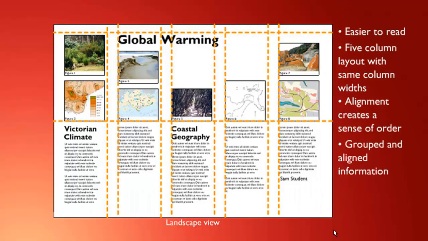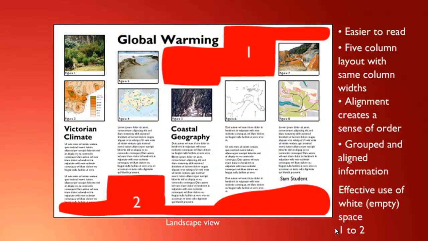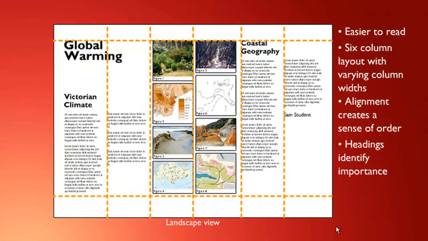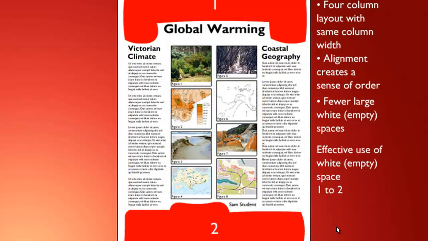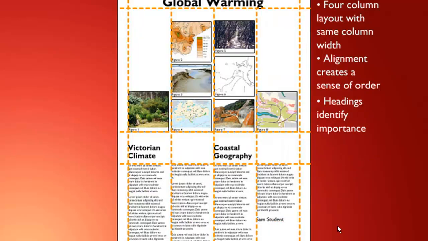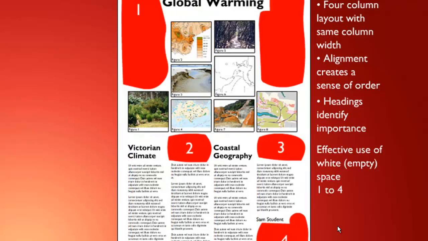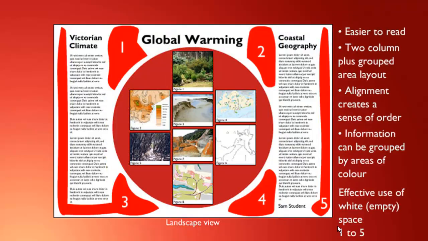Here's an example of an easy to read 5-column layout. More negative or white space there. 6-column. Some more examples. More examples of an effective layout.